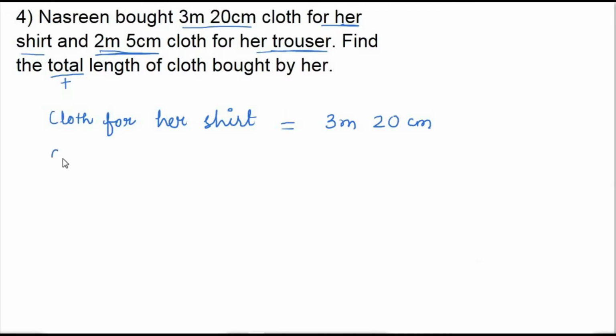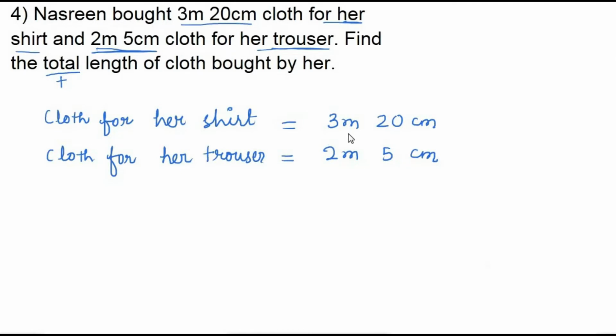Next statement is cloth for her trouser equal to 2 meter 5 centimeter. Here you can see that the length of the cloth is in two different units, that is meter and centimeter. Now to solve this question we need to change the numbers into the same unit, that is into meter.